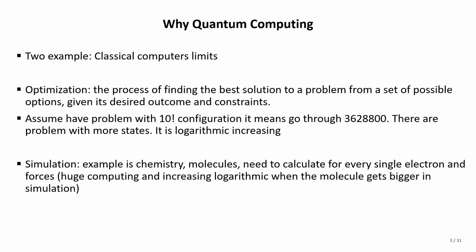About the number of possibilities, let's have an example. Assume we have a problem with 10 factorial configurations. That means we need to go through 3 million states. This is really a very large number of computations. And of course, when we increase the configuration from 10 to 20, it increases dramatically.